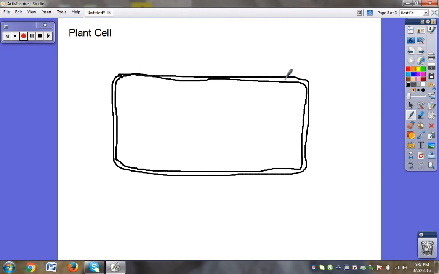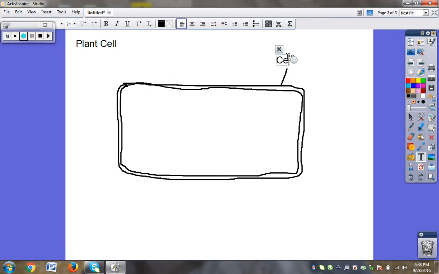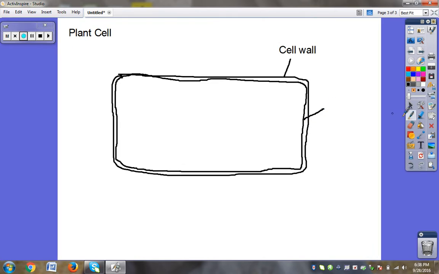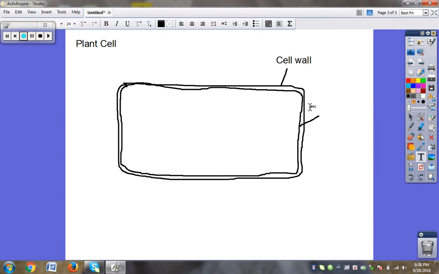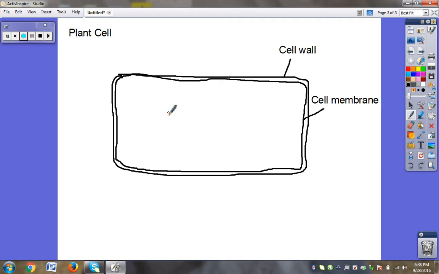And so this outer thing here, that's actually called the cell wall. And then the inner one here, that one is the cell membrane. And just like the animal cell, the plant cell has a nucleus. And it's got some mitochondria, so draw those in as well.